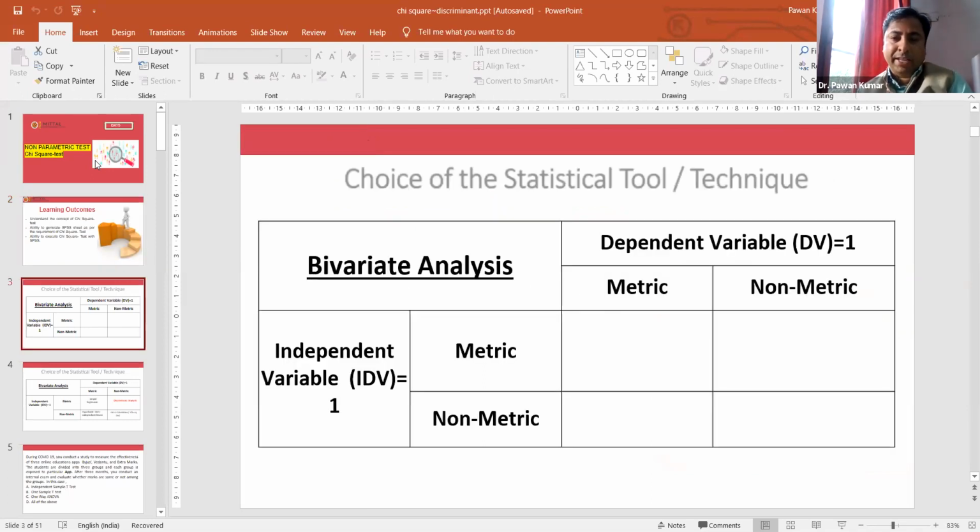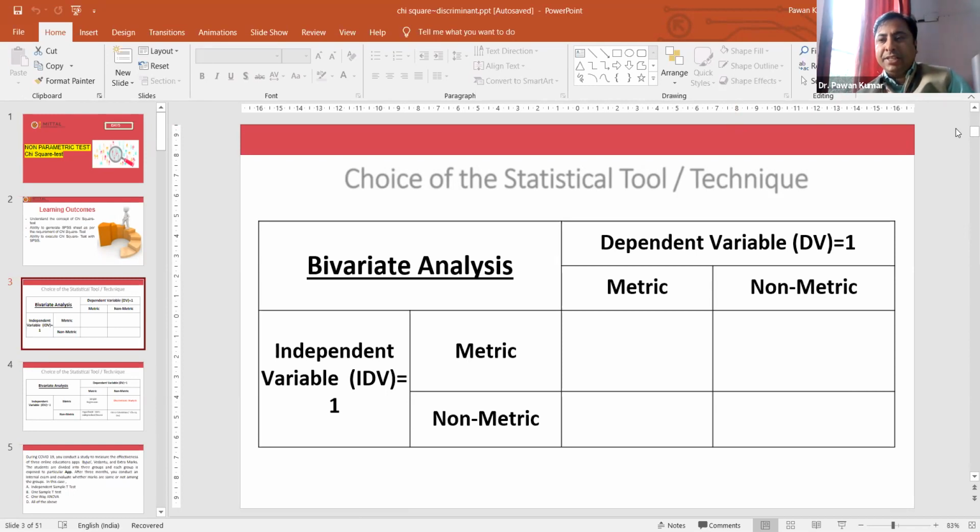Let me first take your test. Suppose you have a bivariate analysis where the dependent variable is metric and your independent variable is metric. Can anybody write in the chat box which technique or test we can apply? For example, if I would like to study the relationship between sales and advertisement, because advertisement expenses is metric data and sales in rupees is also metric data.